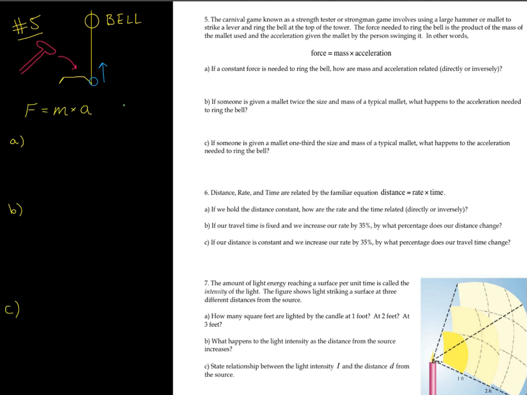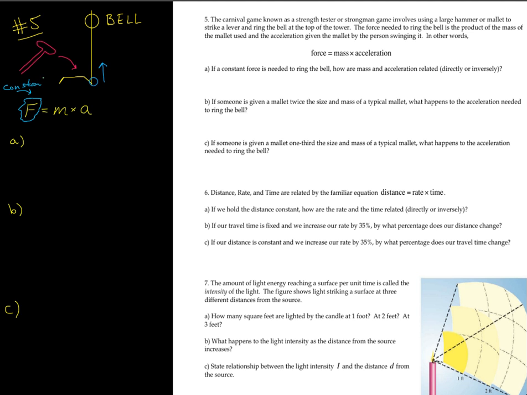Now, part A says, if a constant force is needed to ring the bell, how are mass and acceleration related, directly or inversely? Okay, so here in this formula, what we're saying is that the force required, the F, is some fixed value.